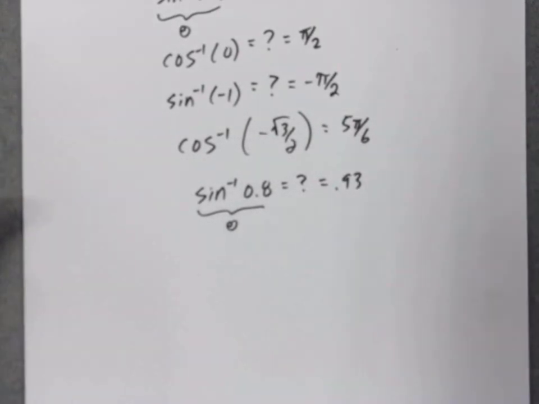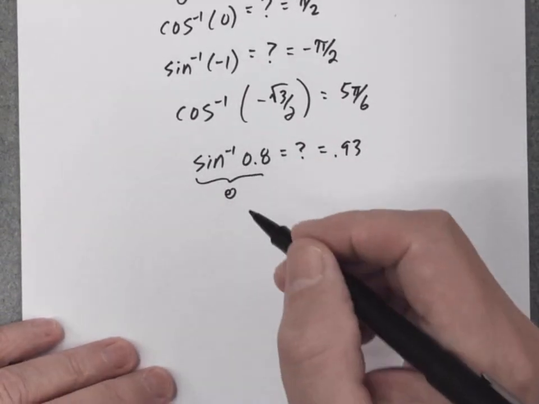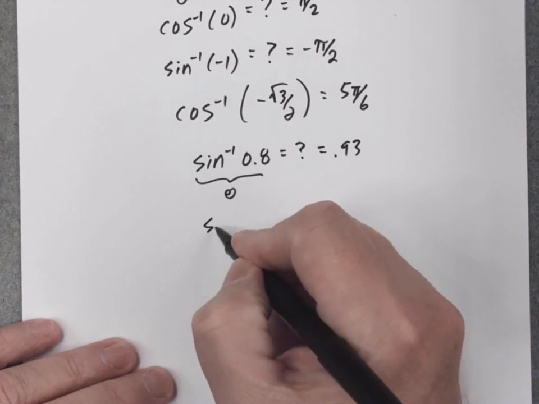Now the calculator is smart enough that it knows where the answers to inverse trig functions come from. In other words, what if I picked an angle in the fourth quadrant? Let me state it like this.